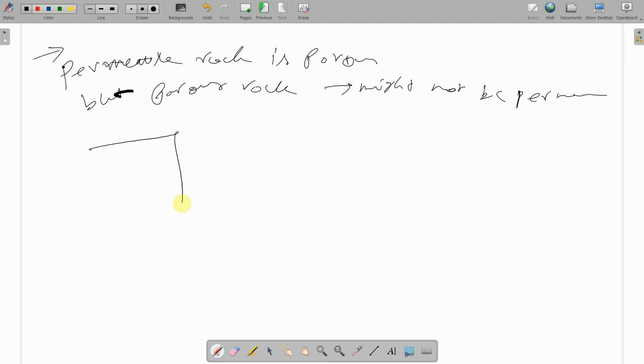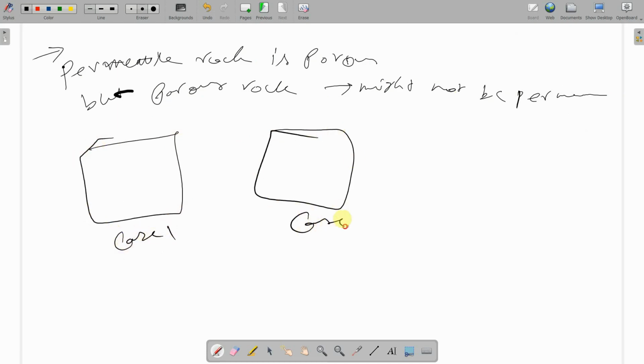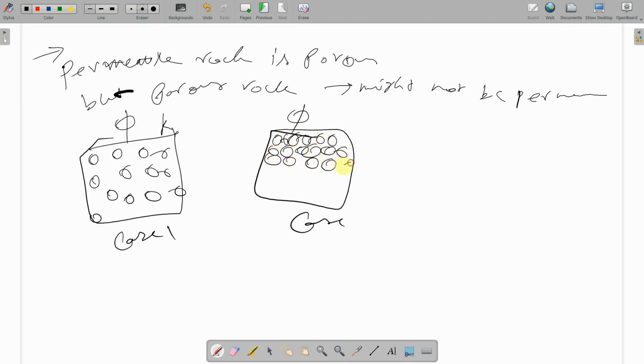That means if you take 2 cases, case 1 and case 2, with mineral grains which have void spaces, and suppose the porosity for both cases is the same. Permeability in this case, let's say, is K1, and here the interconnected porosity is not available, so the permeability is K2.